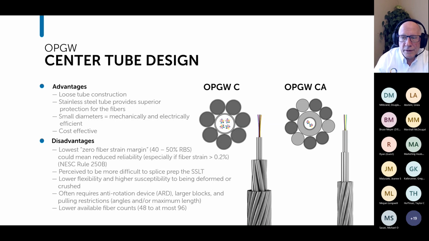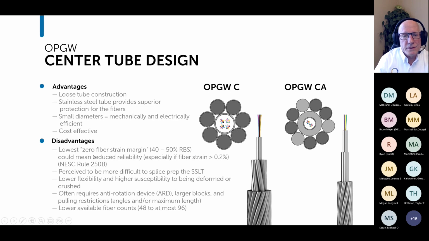Here, the tube is in the center, so almost by definition, it's not stranded. So all you've got is that sinusoidal shape in the tube itself. So no surprise, of these three design types, it's going to have the lowest zero fiber strain margin because it has the lowest amount of excess fiber length. Typically, that's going to be around 40 to 50% rated breaking strength.